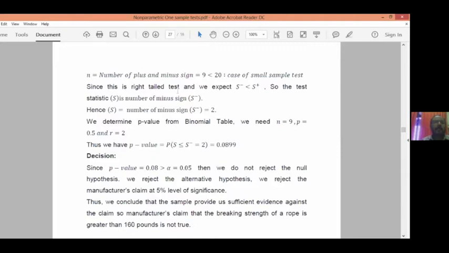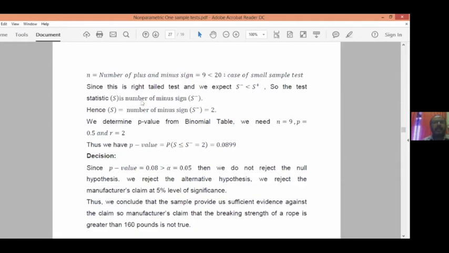So N is the number of plus signs and minus signs, so the total is 9. Since 9 is less than 20, and I told you about the case of small sample and the case of large sample, this is the case of a small sample. Since it is a right tail test, we expect the number of minus signs to be smaller than the number of plus signs.